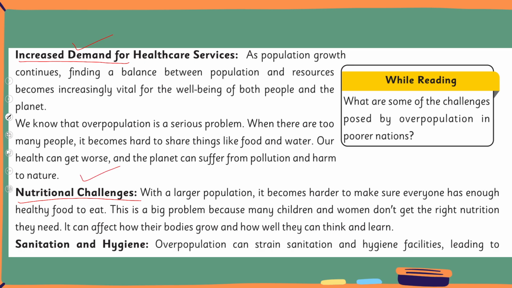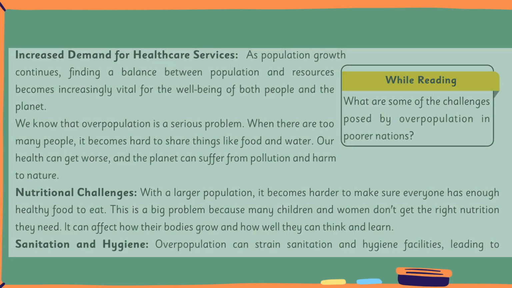While you're reading it, think about what some of the challenges posed by overpopulation in poorer nations are. Now, we know that the number one challenge is health. There are no good healthcare services. There is an inadequate health system, and there are nutritional challenges, lack of food and resources, and drinkable water. So these are the challenges. Now, read the passage that highlights the challenges caused by overpopulation in the poor countries.